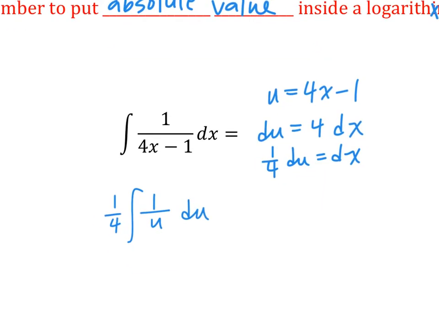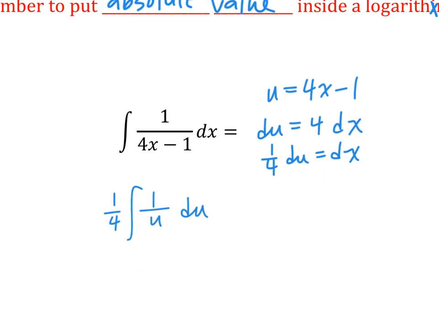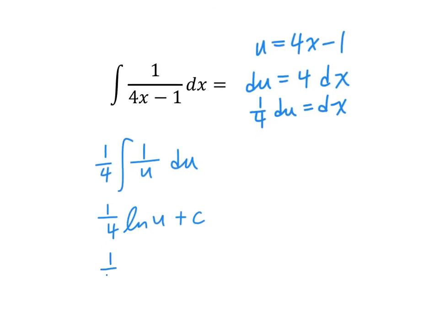Okay, what's the integral? ln, natural log. U plus c. So this is 1/4 natural log absolute value 4x minus 1 plus c. Okay, very easy. You've been doing that. Just a reminder, please put absolute value around whatever is inside the natural log.